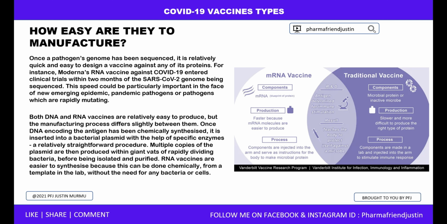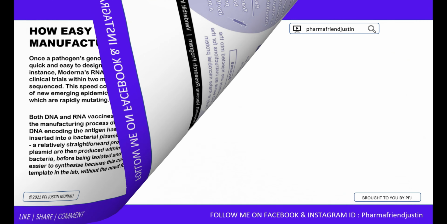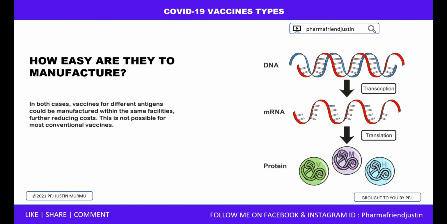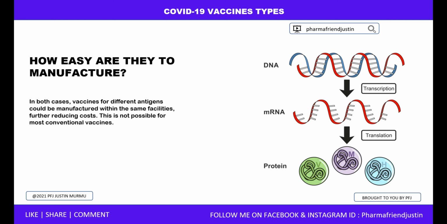RNA vaccines are easier to synthesize because this can be done chemically from a template in the lab without the need for any bacteria or cells. In both cases, vaccines for different antigens could be manufactured within the same facilities, further reducing cost. This is not possible for most conventional vaccines.